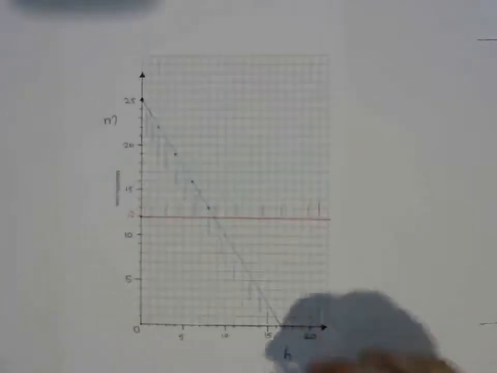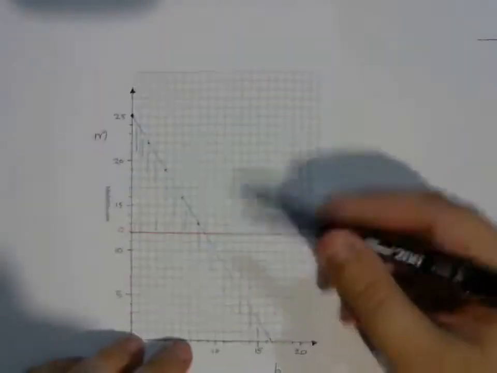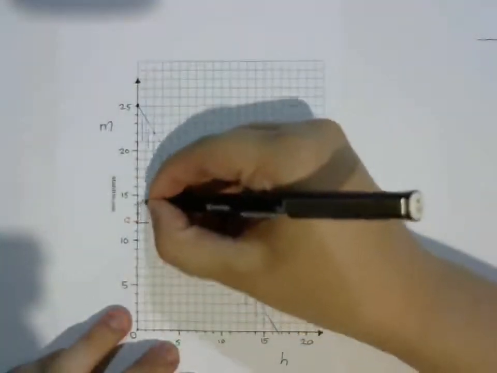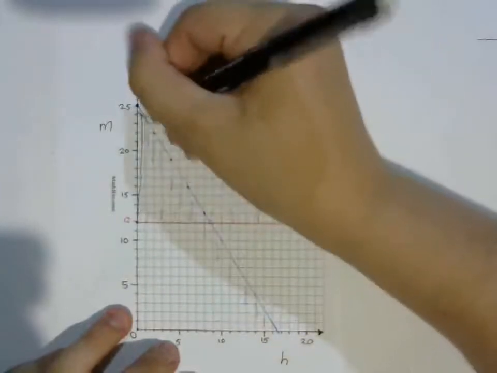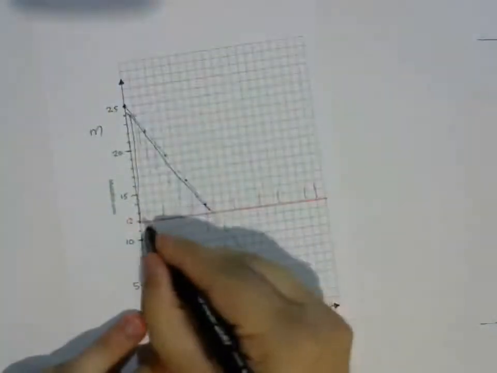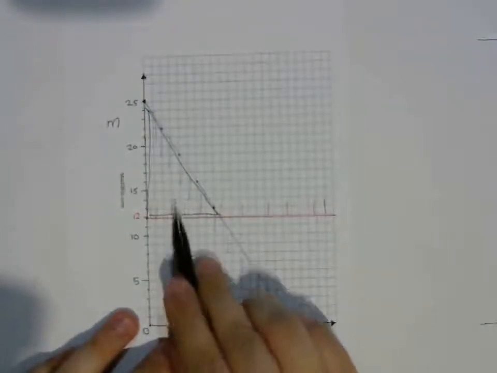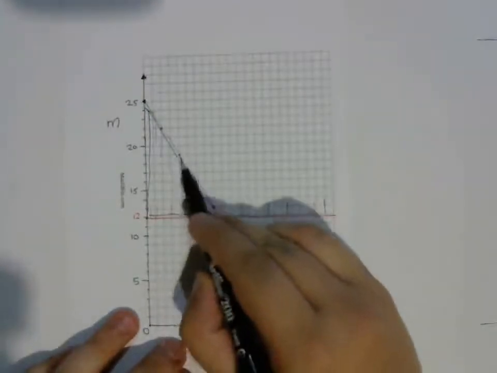Now looking at this graph, we've got one area which is covered by both of the linear inequalities. This triangle here is the only area that is both above this line and below this line.